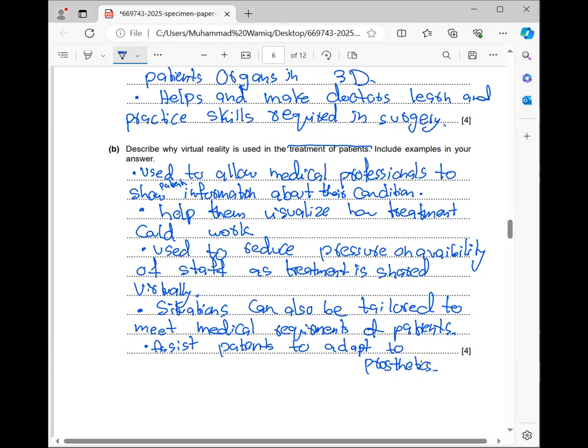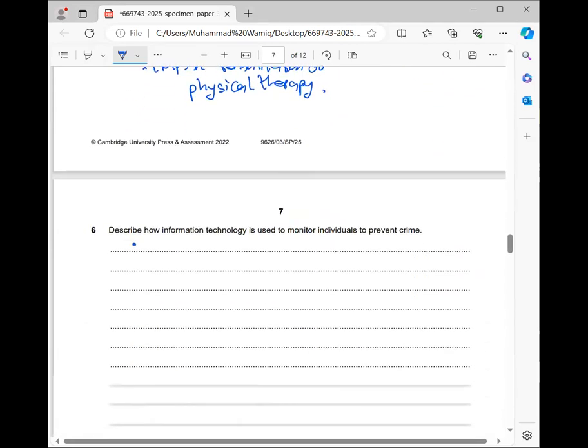Or I can also write that it also helps in rehabilitation or physical therapy. So I'm telling you more points so that you should know how you are writing or how you are delivering in your exam.